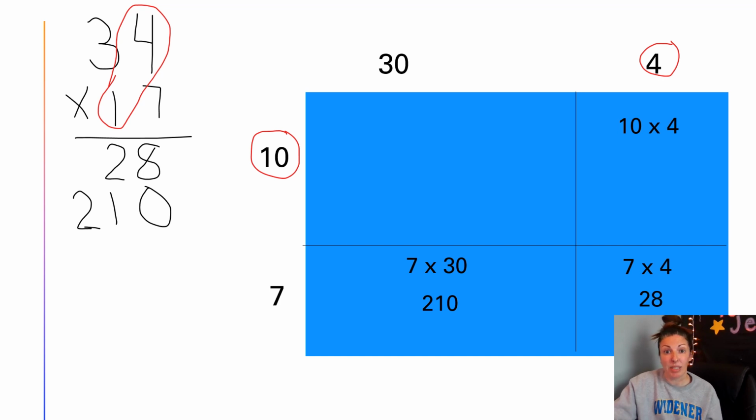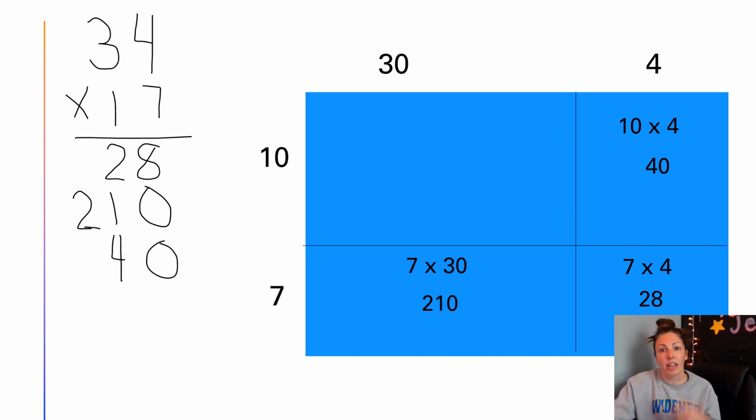And our 10 times tables are super easy, so you should be able to just know what this is, and our product is 40. So again, just like we did with our last 2 partial products, we're going to take this 40 and move it over into our standard algorithm, and it's going to be our third partial product.